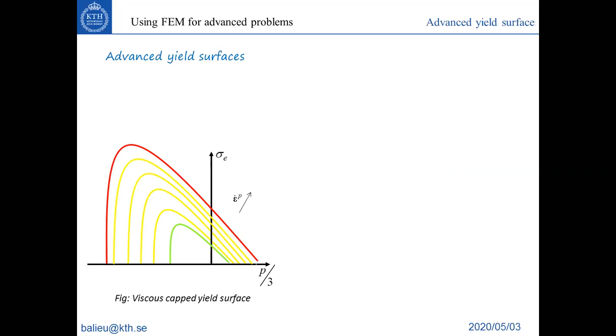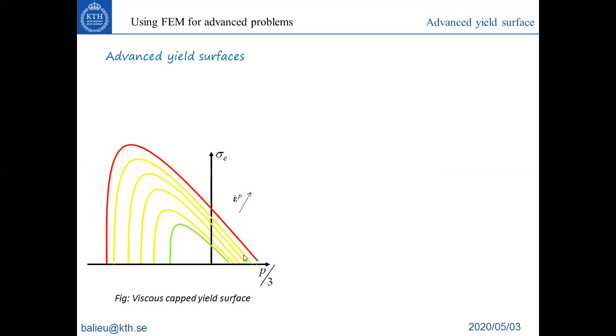Here is an example of an advanced yield surface. Here I also model the viscoplastic effect, which means this yield surface has different values depending on the strain rate. We will discuss this a little bit after.